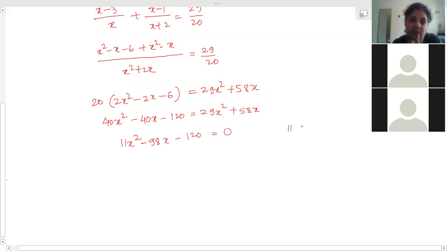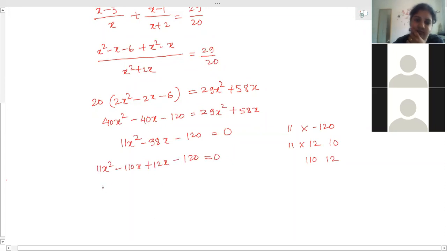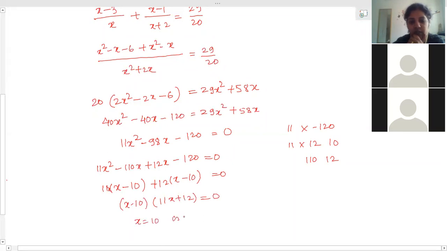So you need 11 into minus 120 and the difference needed is 98: 110 and 12. Let's see where I made the mistake. So 11x plus 12 into x minus 10 is equal to 0. So x is equal to 10 or minus 12 by 11.